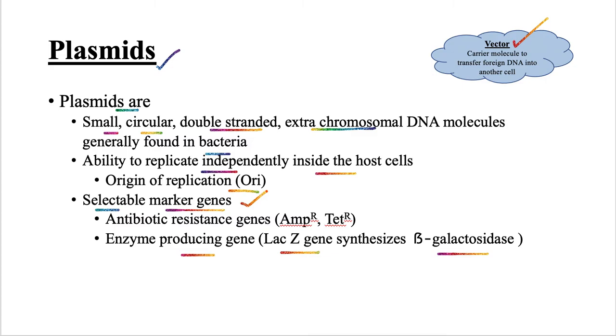In order to differentiate between these two cells, transformed versus non-transformed, we use these selectable marker genes. I will discuss later how we use these selectable marker genes to differentiate between these two different cell types. So one is the antibiotic resistance gene, and another one is the enzyme producing genes.